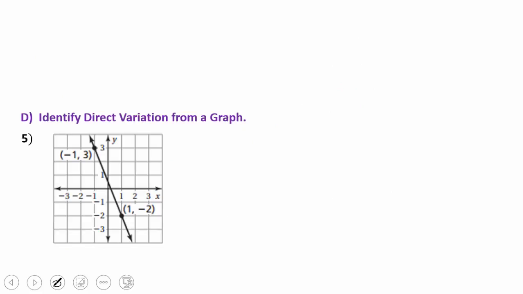Well, let's get to some of this stuff where we identify direct variation from a graph, and we have to remind ourselves of two things. One, it has a constant of proportionality, which is k, which we call a constant rate of change, which we call slope, all that kind of stuff, and it has to pass through the origin.